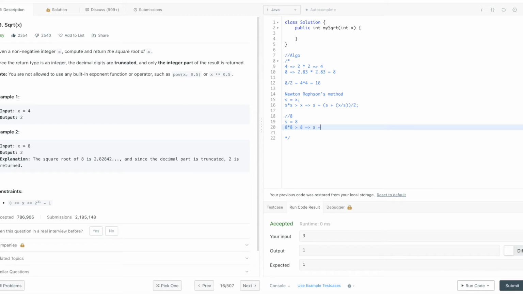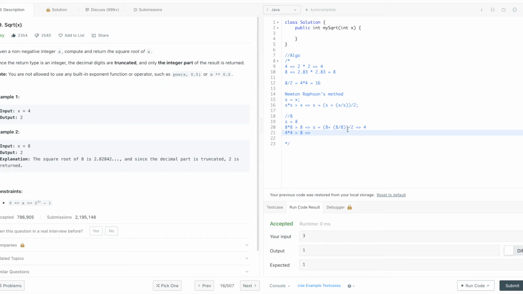So we reduce s to 8 plus 8 divided by 8 and the whole sum divided by 2. That will give me 8 plus 1 by 2, 9 by 2, which is 4.5, and the integer part is just 4.